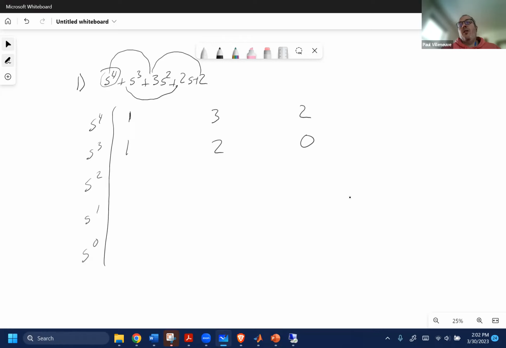Now, to solve for the coefficients beyond, I have to use that determinant approach. So it's -1 all over here, and it's the determinant of 1, 3, 1, 2, which is equal to -1 times 2 minus 3, which should be equal to +1. That's that first one. And then the next one over here is going to be -1 over 1.